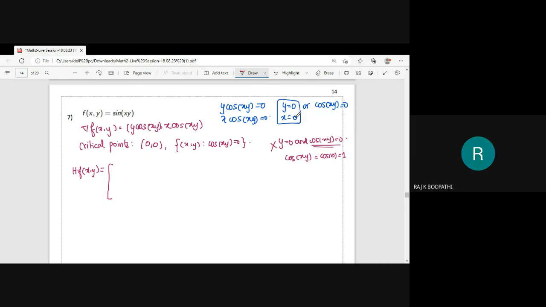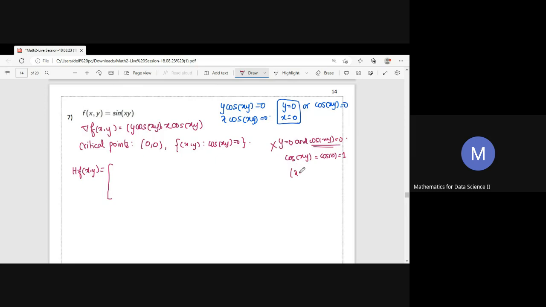Are you saying that if it happens, the equation will not be satisfied? That is not what I'm talking about. I'm saying that irrespective of this equation, these two together cannot happen. When y is 0, your cos xy is 1, so you don't have a solution for this system of equations.